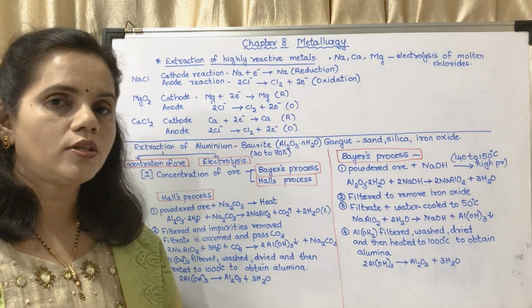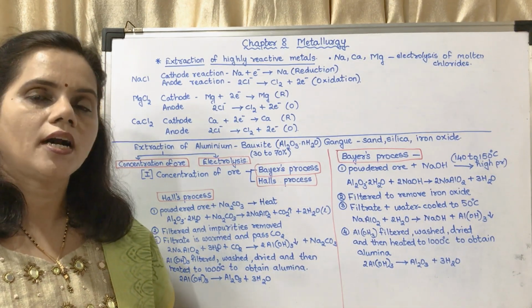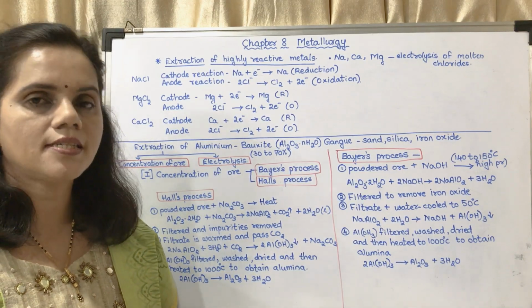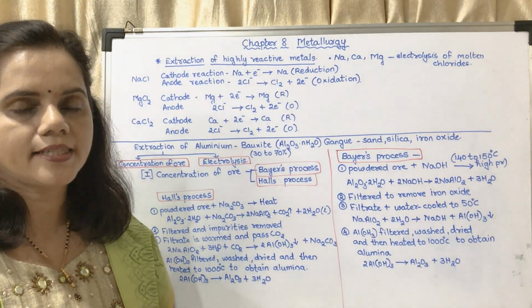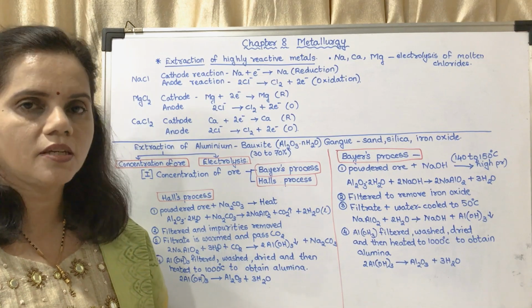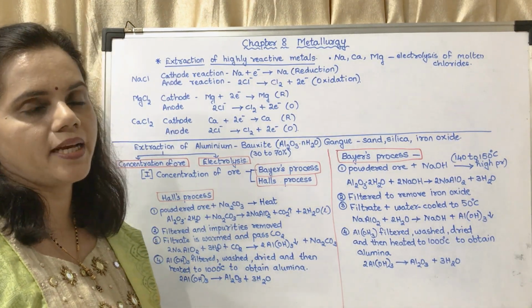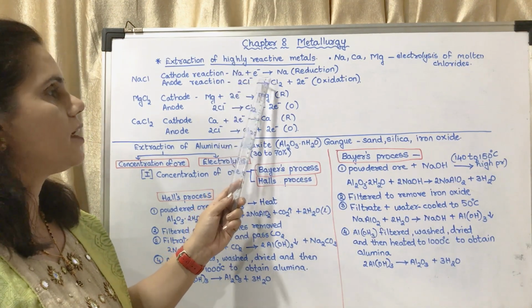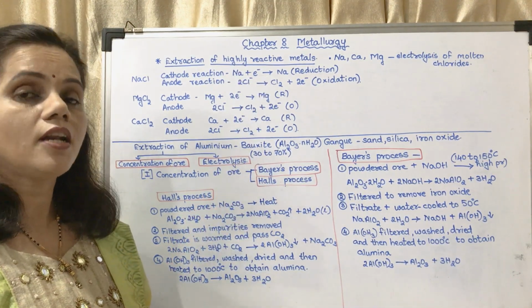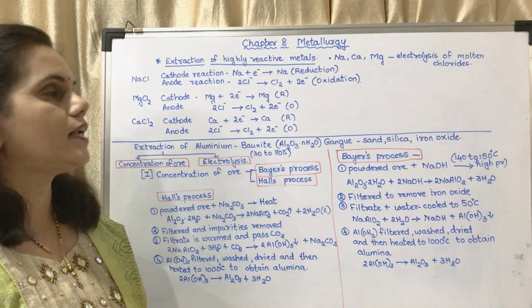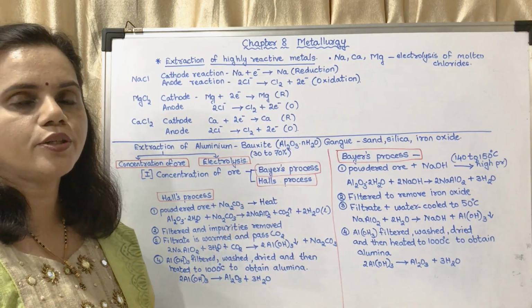Now what are the cathode and anode reactions which take place during electrolysis of their molten chlorides? This is another 2-mark or 3-mark question. At the cathode, the sodium ion will gain one electron and get converted into Na.